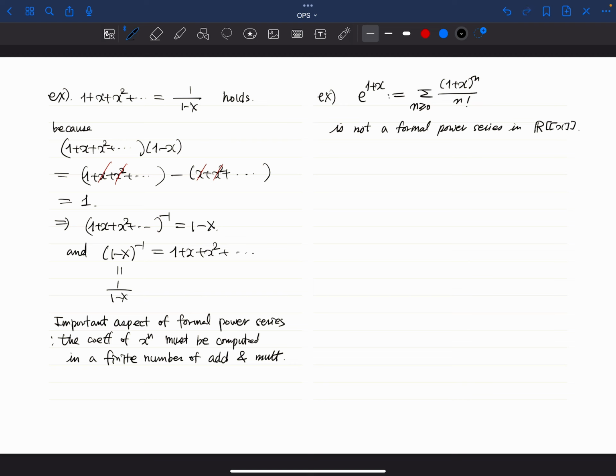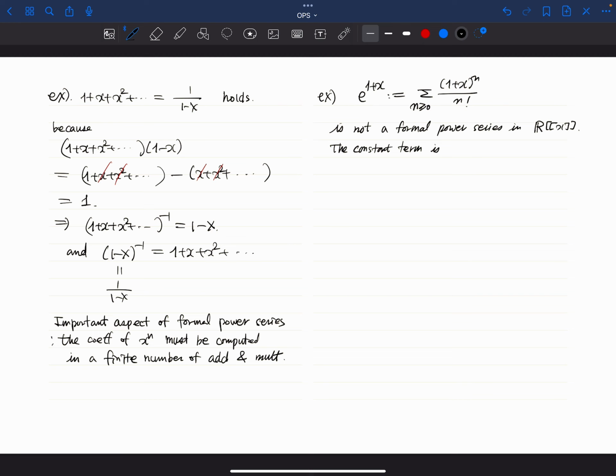Because the constant term, which is the coefficient of x to the n, is what? If you expand this, you have 1 plus n x plus dot dot dot. So you have 1 everywhere for each n.